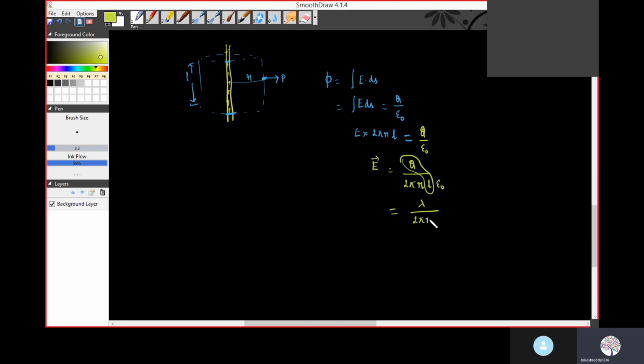That's how you calculate the electric field for an infinite line of charge. This is one application.